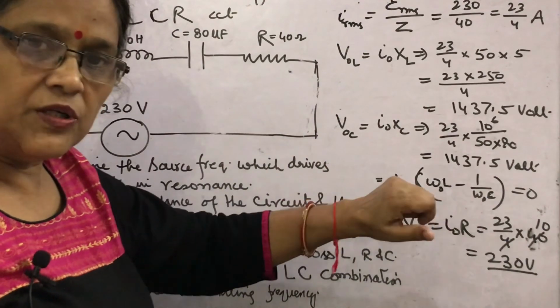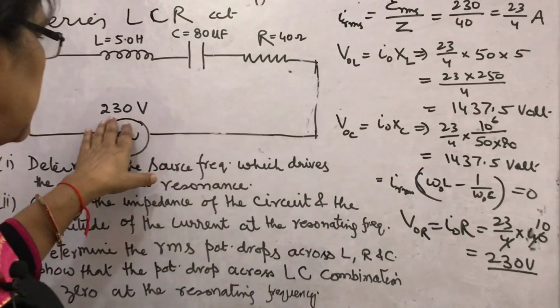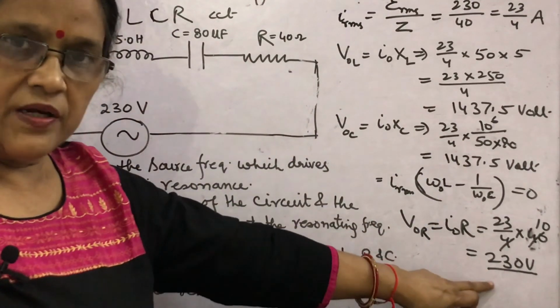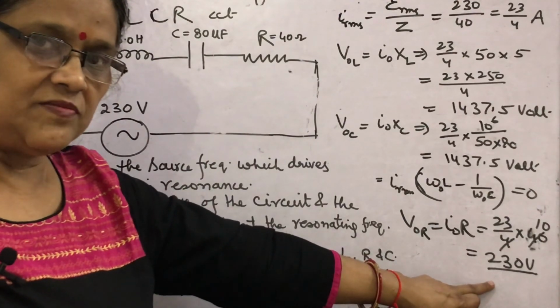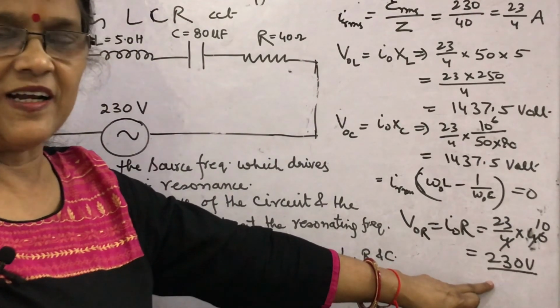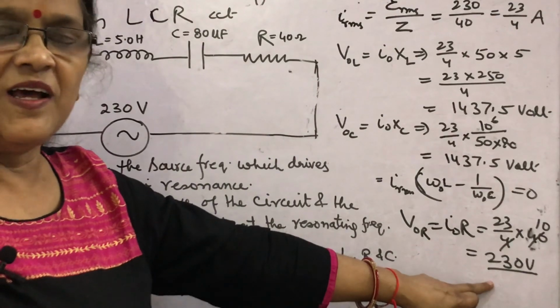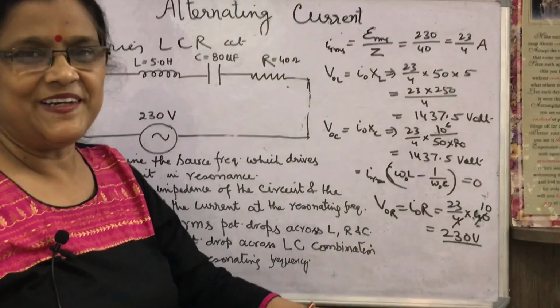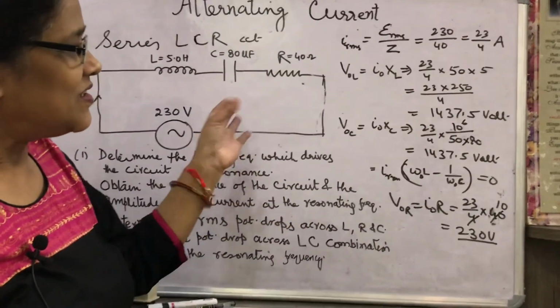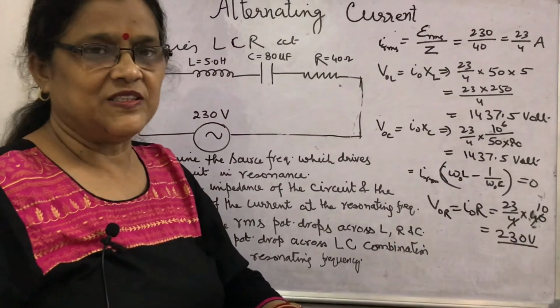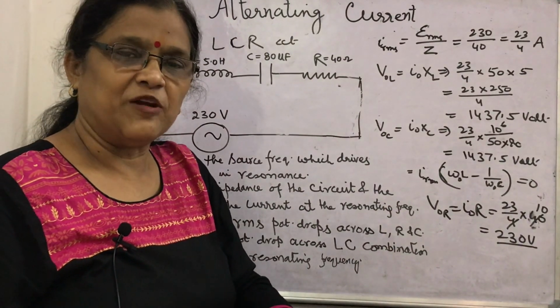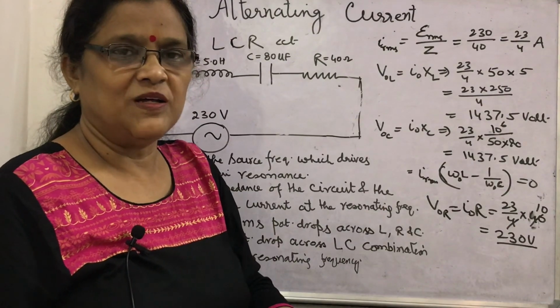The total applied voltage of 230 appears across R. This is what we have read in the characteristics of the series LCR circuit. I hope you must have enjoyed it. You can now apply the series LCR circuit and its characteristics in various numerical and conceptual problems. Thank you.